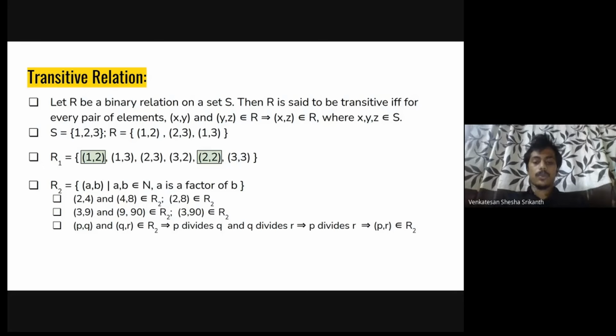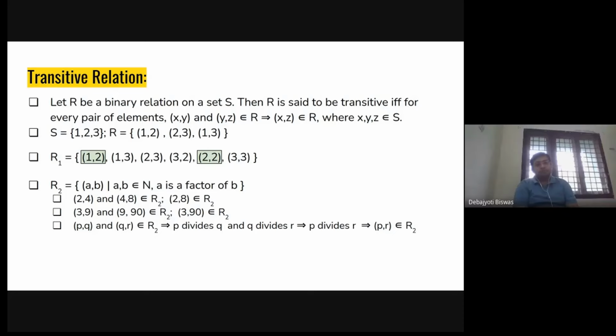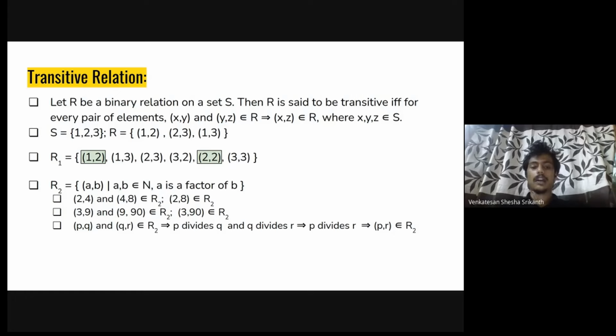So when p divides r, it says that p is a factor of r, which gives me that p comma r will also be in R2. Therefore, what we can conclude is that for every pair of elements p comma q and q comma r in my R2, the third pair p comma r will be in my R2, which makes this relation transitive, right?